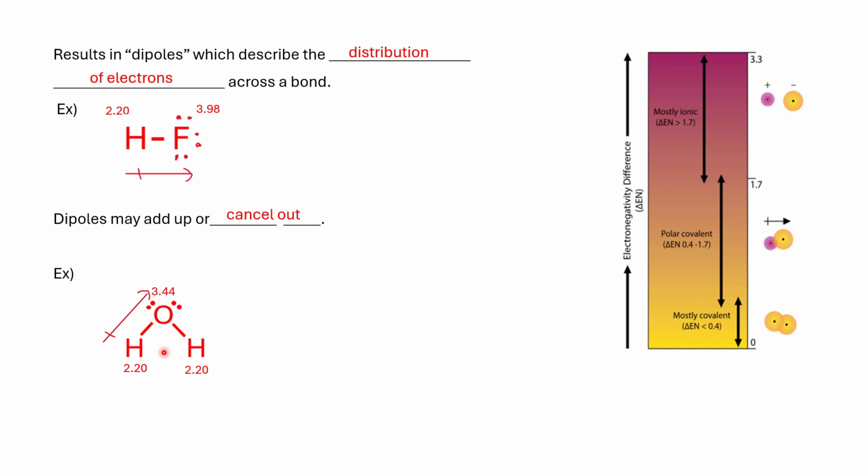And then the same bond exists on the other side, so we should draw a dipole for that as well. Now, in this case, we're going to take a look at these two dipoles and see if they add up or cancel out. Okay. Well, if I have a force going up and to the right, and then one going up and to the left, that left-right component gets kind of canceled out, right?